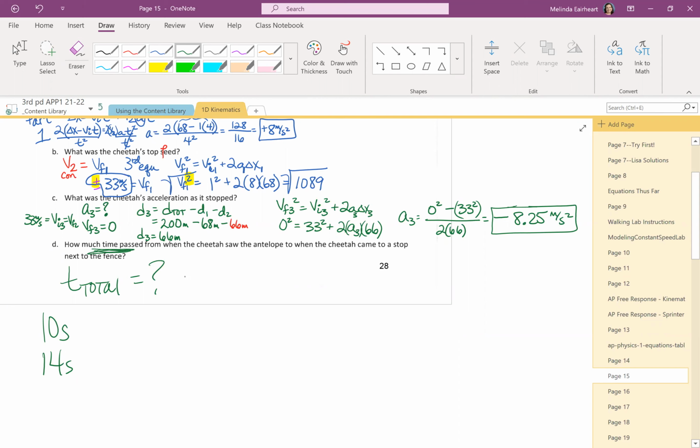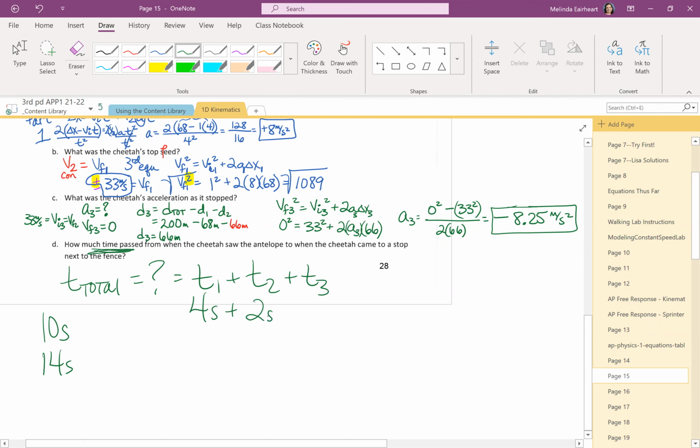And so hopefully you did something like T1 plus T2 plus T3. And T1 was given, I think, 4 seconds earlier. And then T2 was 2 seconds. So before you could get a total time, you had to solve for the time of the third. We know everything but that.